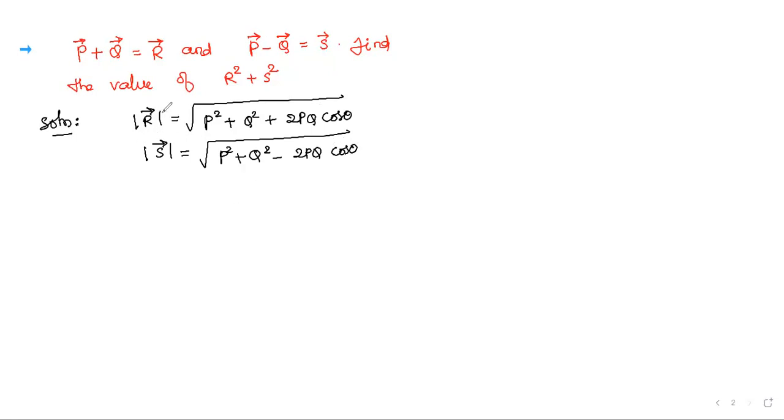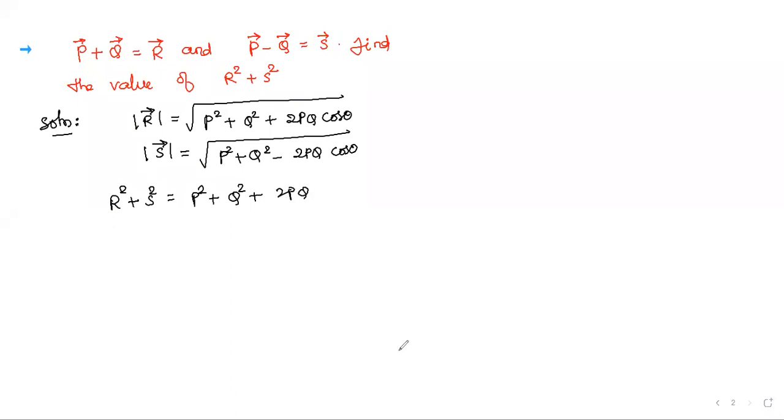After squaring both, the square roots are gone. So R square plus S square equals P square plus Q square plus 2PQ cos theta.